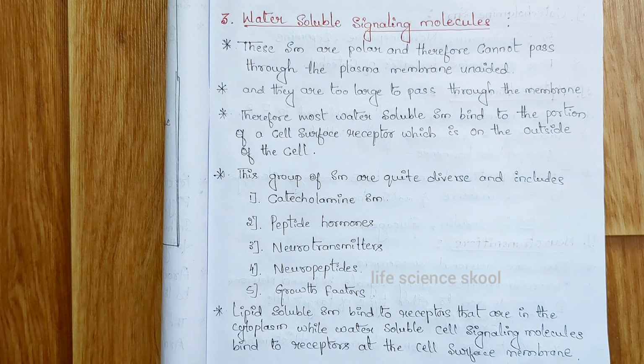I guess you know the basics of what polar and non-polar mean. Polar means having charge, while non-polar means the charges cancel out from both sides. In polar molecules there is a difference of charge.